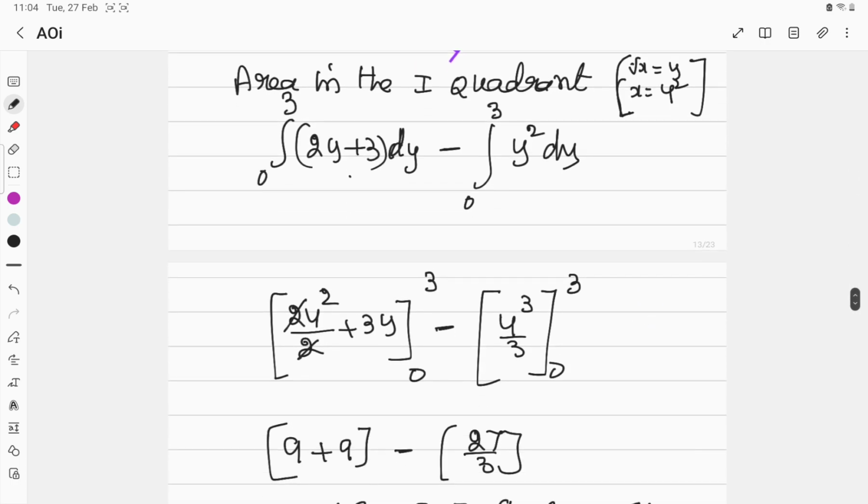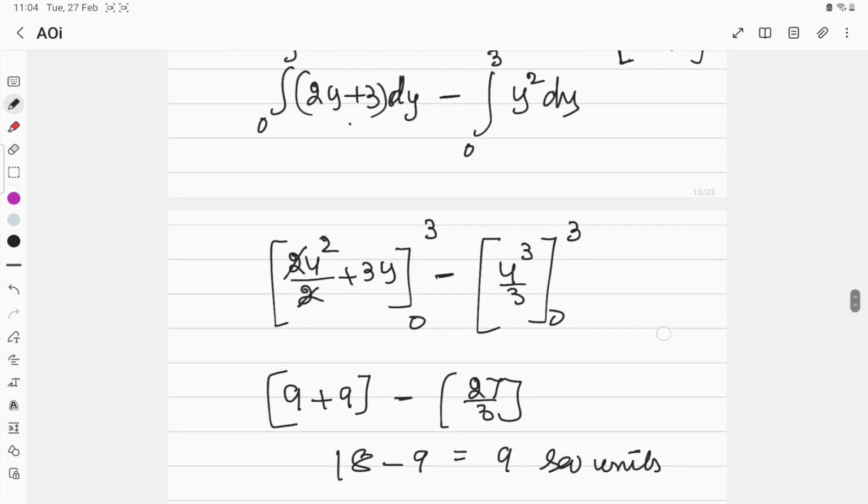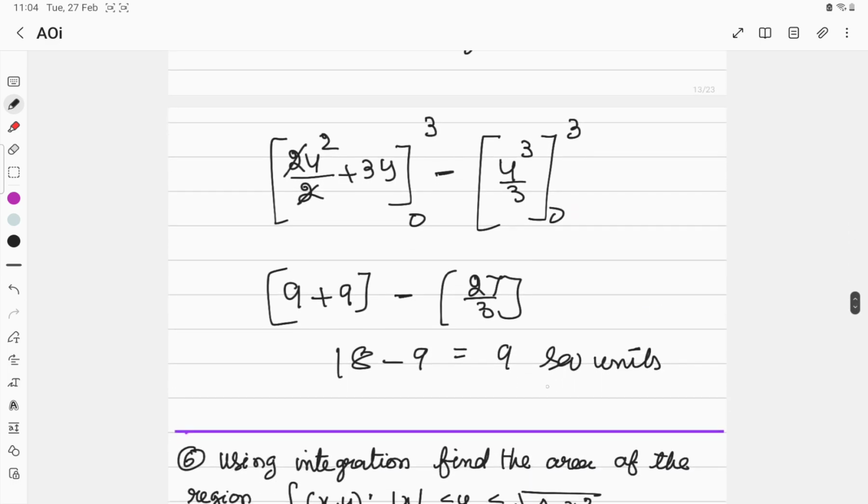On solving it, 2y becomes y² by 2 and 3y, limit 3 to 0, minus y³/3 from 0 to 3. So we get the answer 9 square units.